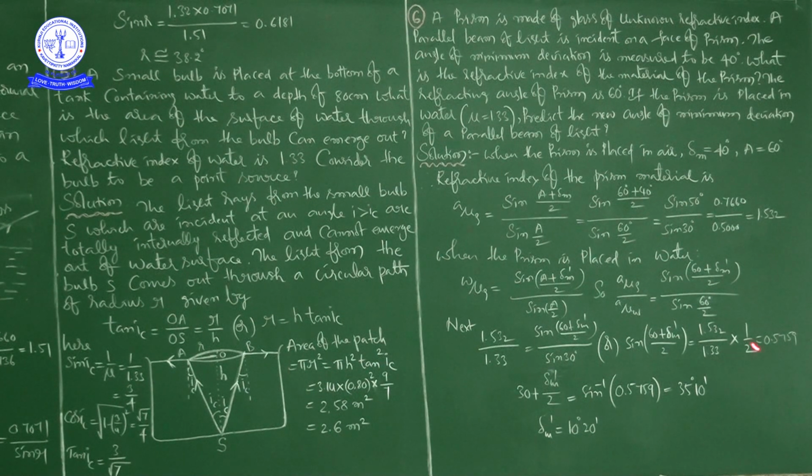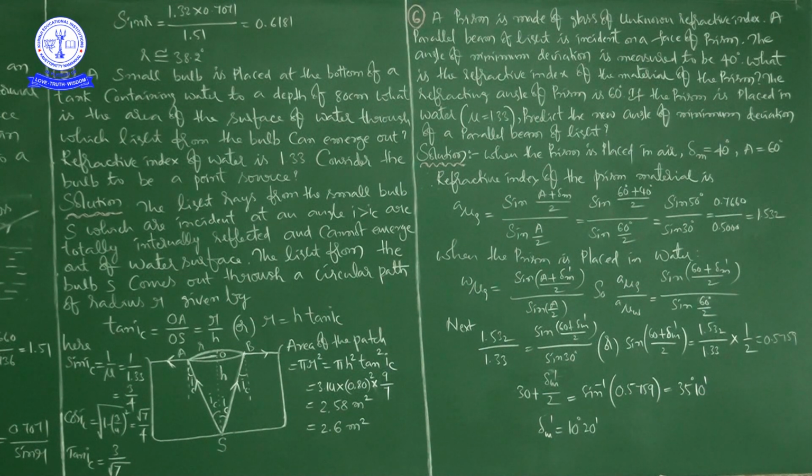Afterwards, 60 by 2 means 30, no, 30 plus delta M dash by 2 is equal to, so if you take the sine to that side, sine inverse of this value 0.5759 will give you 35 degrees 10 minutes. But you take this 30 to that side, then what will happen?